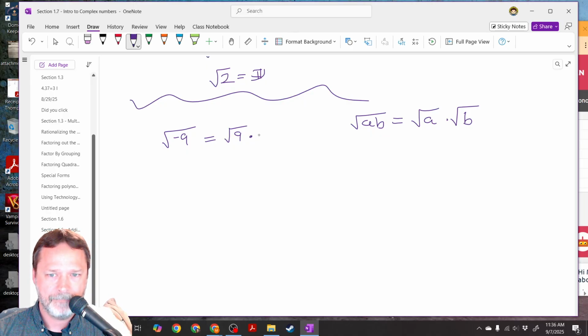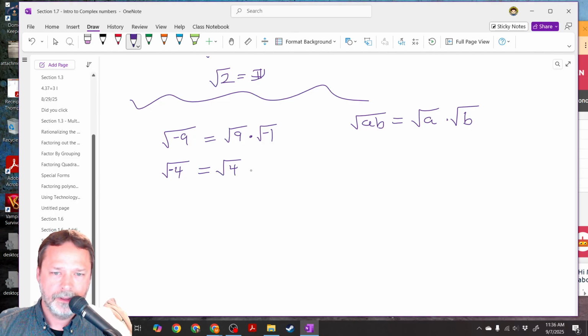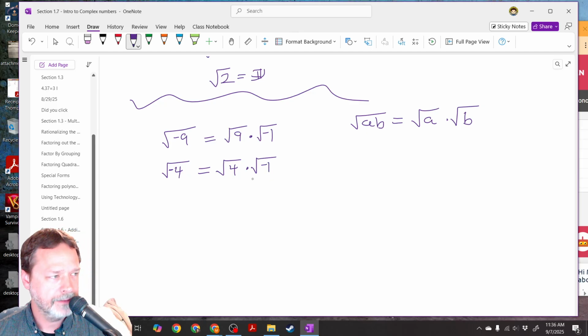So the square root of -9 is 9 times the square root of -1. We could do that, right? The square root of -4 I could write as the square root of 4 times the square root of -1. We can always do that, because 1 divides everything, so -1 divides everything.